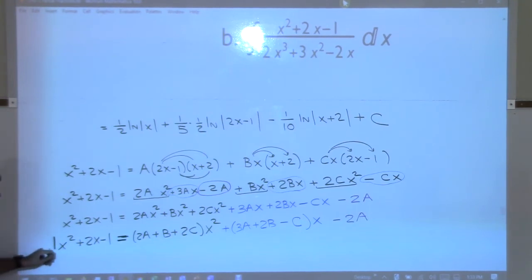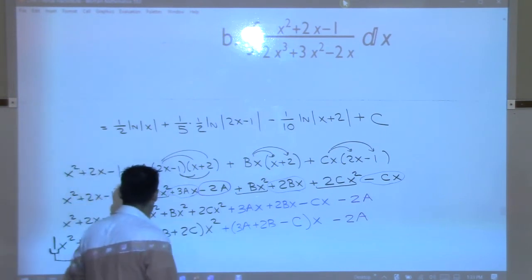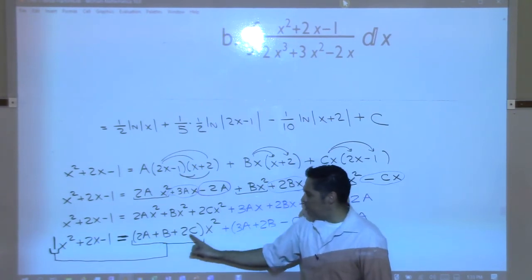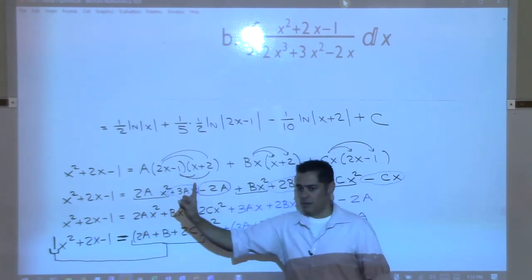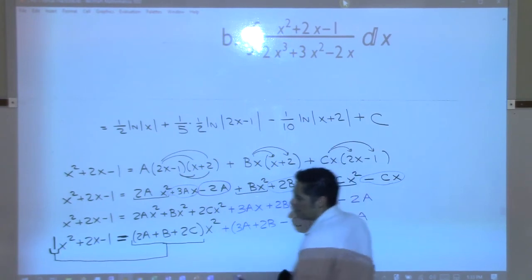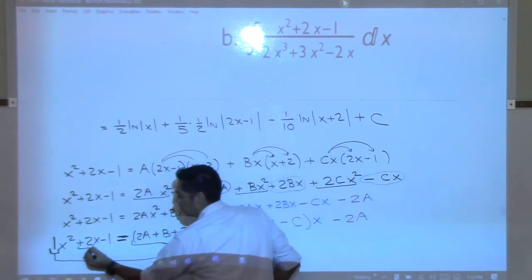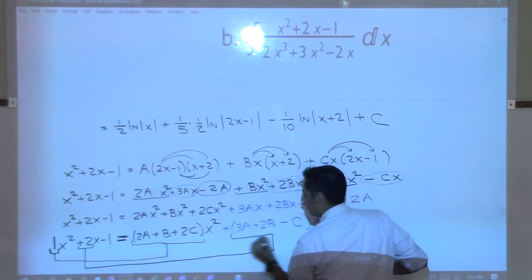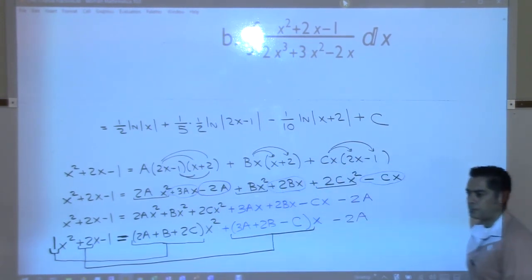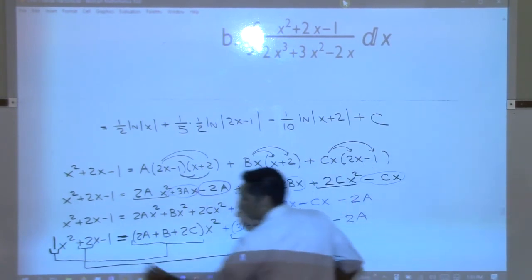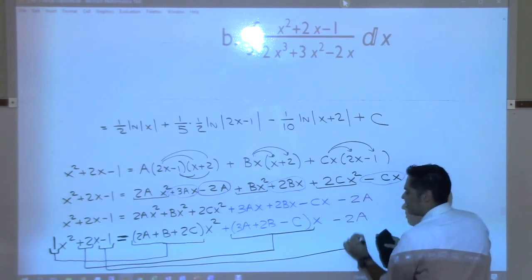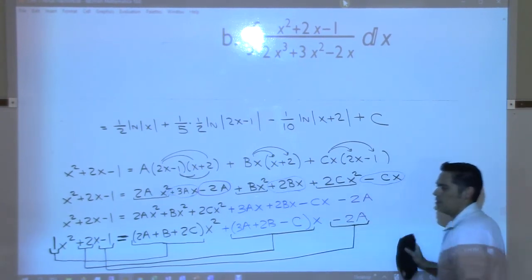So whatever the coefficient is on this 1 needs to match what the coefficient on this x squared is. So I know that 2a plus b plus 2c has to be equal to 1, right? I also know that the coefficient on x, which is positive 2, must match the coefficient on x here. And then finally, negative 1 has to match whatever constant I have out here by itself.